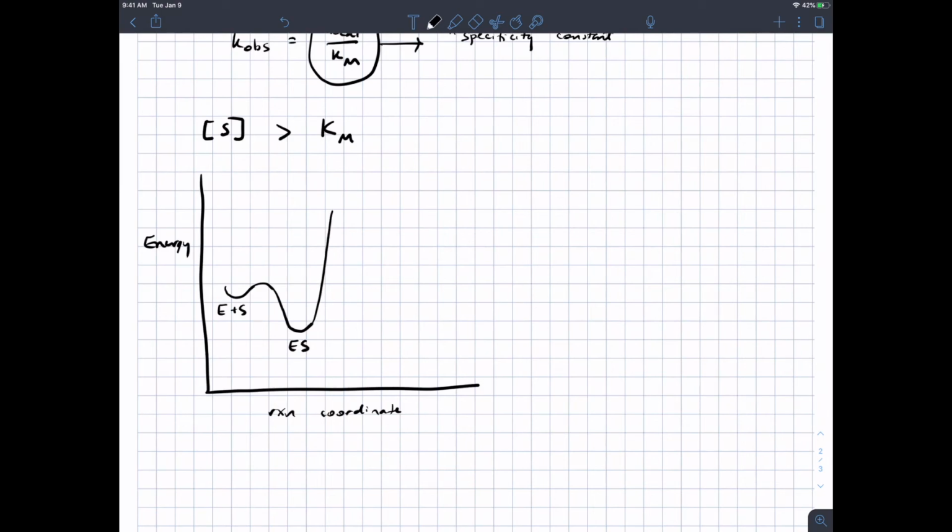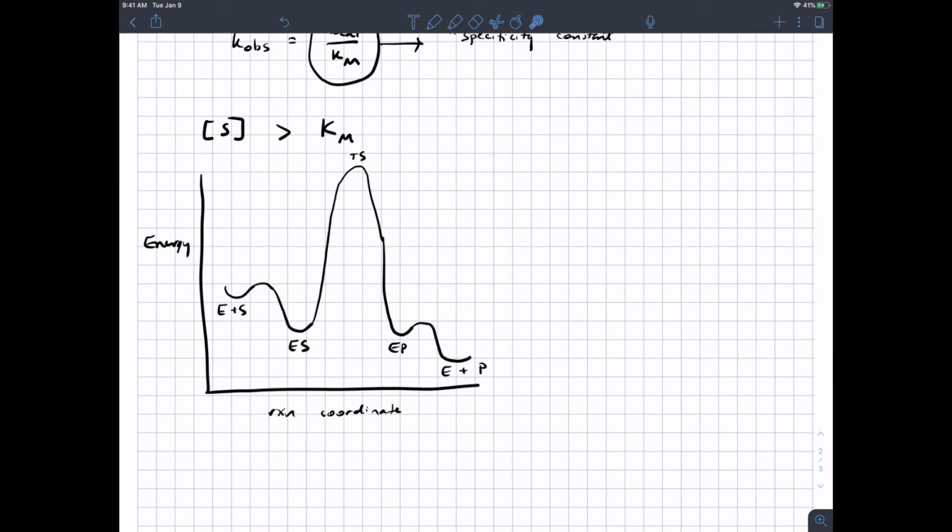And then you have the high energy transition state, and then the enzyme product complex, and then dissociation of the enzyme product complex to give you free product and free enzyme.